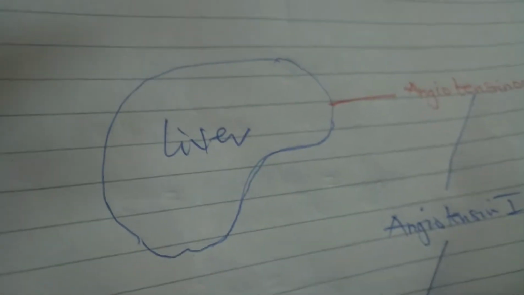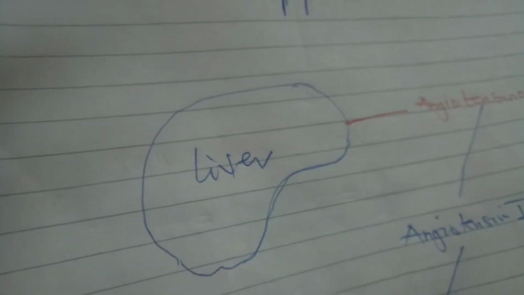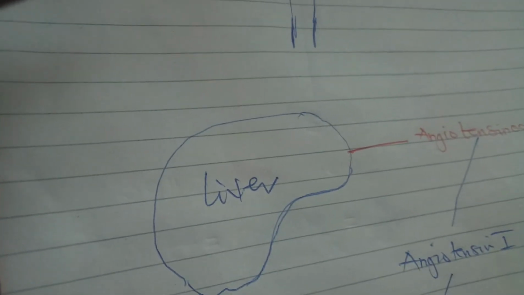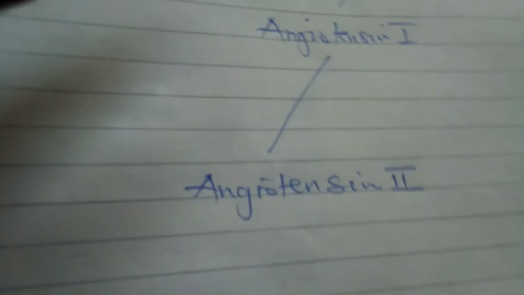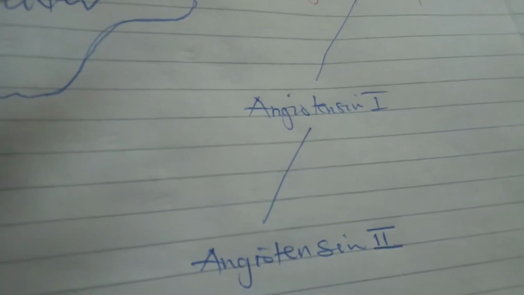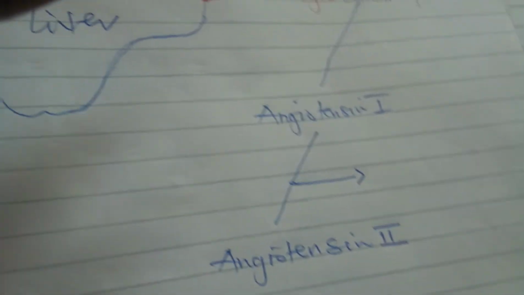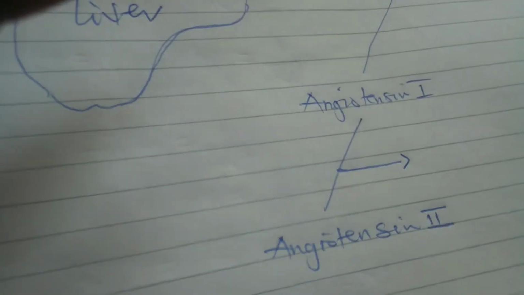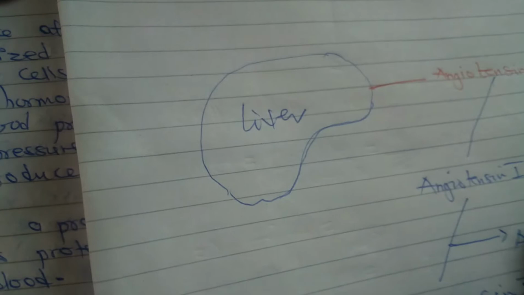Angiotensin 2 is very important. Now there's an enzyme that converts angiotensin 1 to angiotensin 2, and that enzyme is called angiotensin converting enzyme.